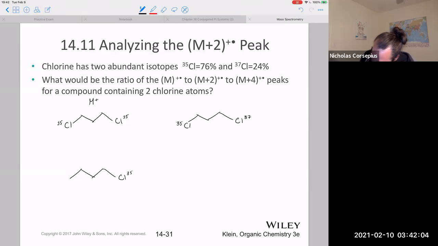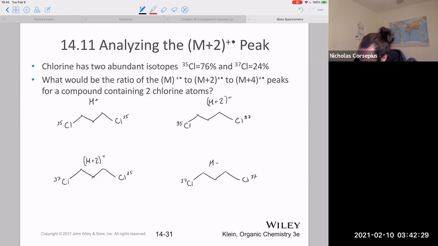This is 35. And this is 37. Or they could both be 37, right? These are the 4 different possibilities that we can have for this particular compound. Notice that this would be the M+2 ion, and this would also be the M+2 ion, whereas this guy over here is M+4.